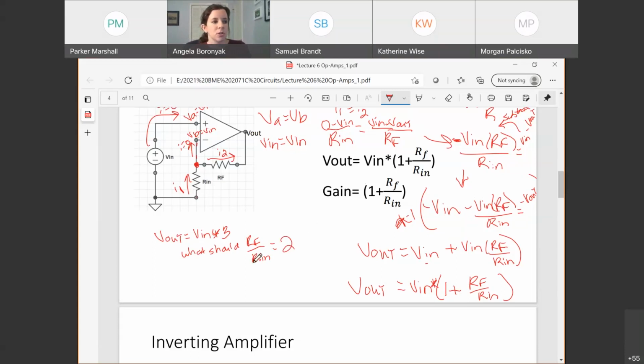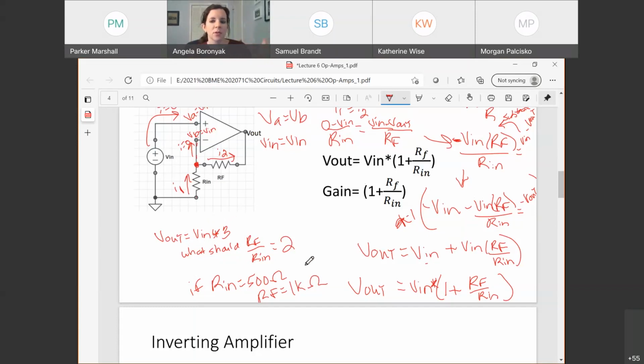How can I make that ratio? Choose any values of resistors you want. So if I make Rn 500 ohms, then what should RF be? To still make this whole circuit end up multiplying my Vn by 3. 1,000, or a kilo ohm, right? In real life, there are limits to what's a useful resistor range.